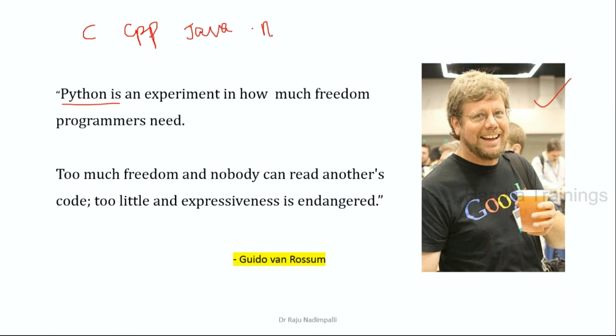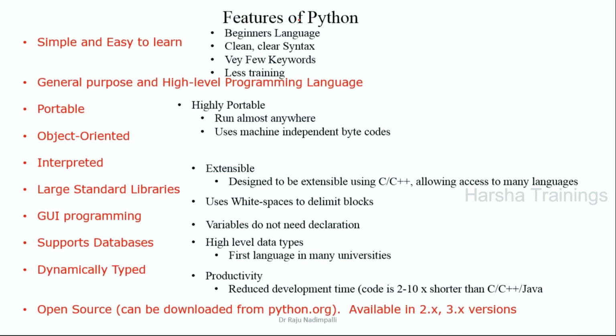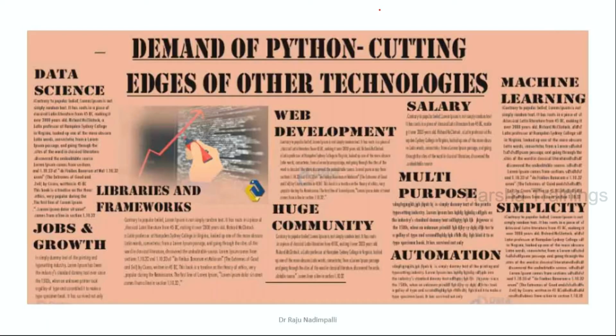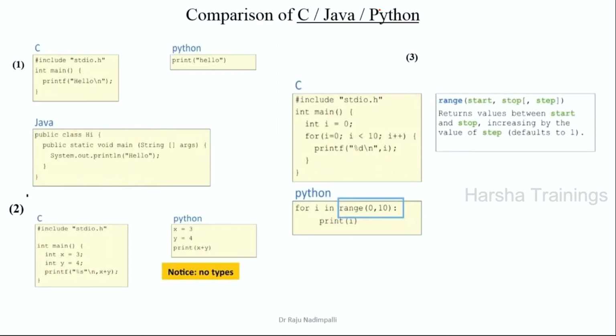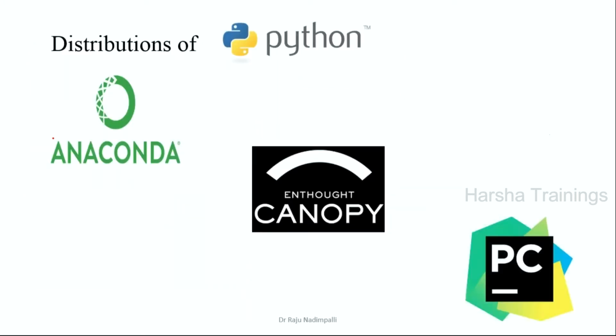I am going to discuss the comparison of these languages in a few minutes. Now I will tell you why we are preferring Python only, other than C, C++, Java, and .NET. First, for a few minutes, I will discuss the basic features of Python. Then I will compare the languages: why I'm preferring Python rather than C, why I'm preferring Python rather than Java, with beautiful examples.